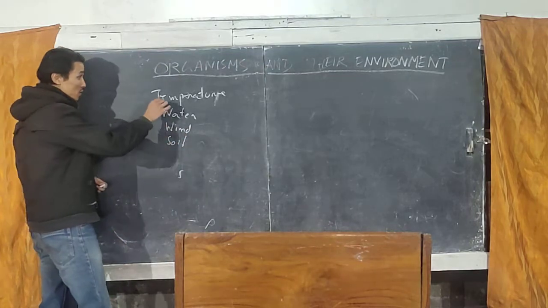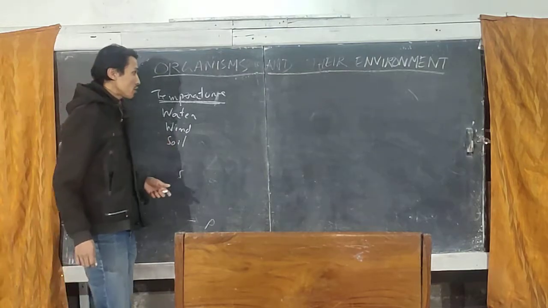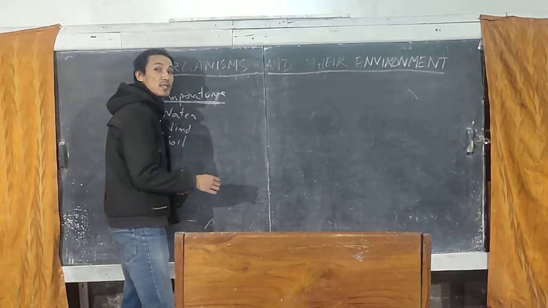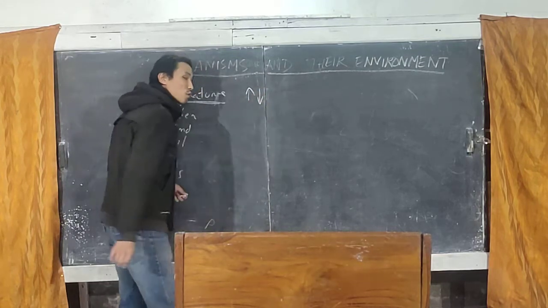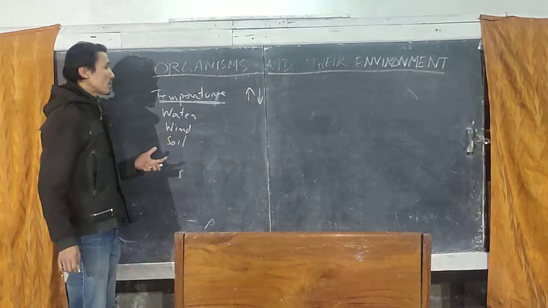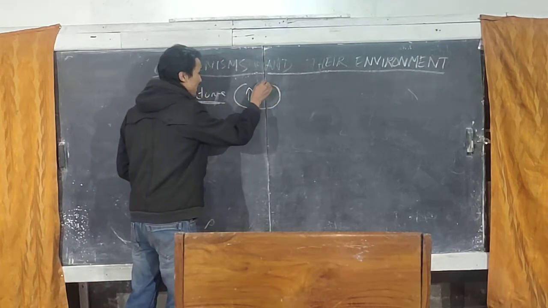Today let us concentrate on temperature. You know that the temperature of the environment is constantly changing. It is either very hot or very cold. So the animals and plants also have to cope with the changing environments.